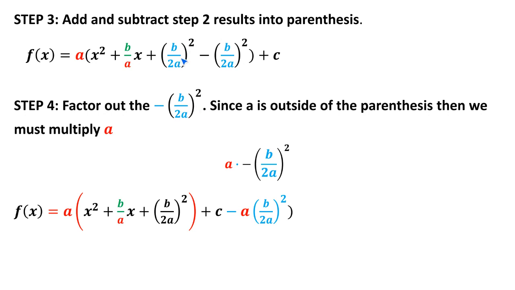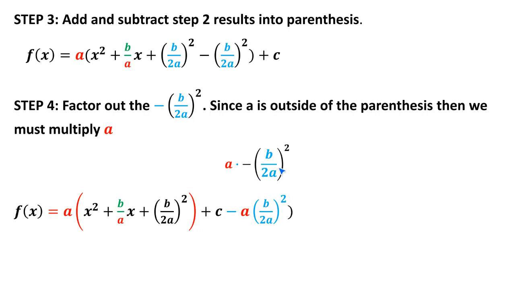But whatever you get here, you want to add it and subtract it inside of that parentheses. And why do I want to do that? Well, if I add and subtract something and they're the same thing, then I end up with 0 here. So we're not changing the problem, we're just making it look different. Okay, so now we want to get rid of this negative b over 2a squared, so we're going to factor that out of the parentheses. But in order for me to factor it out, I have to worry about the a that is out here. So I'm going to have to multiply this a to my term over here.